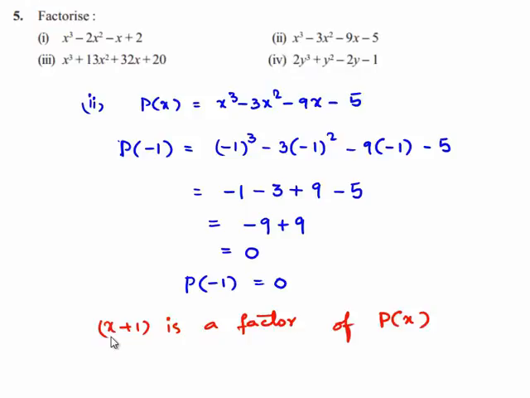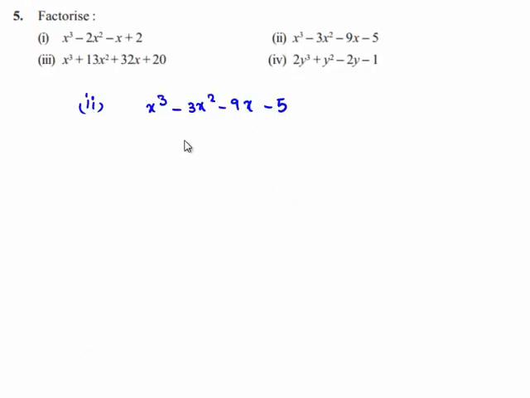So the given polynomial can be written as x cube minus 3x square minus 9x minus 5. So we need to write the given polynomial in such a way that we must take x plus 1 as a factor from that. So rewriting the polynomial in this way, we get x cube plus x square minus 4x square minus 4x minus 5x and minus 5.